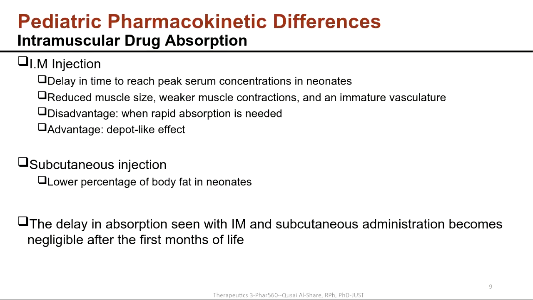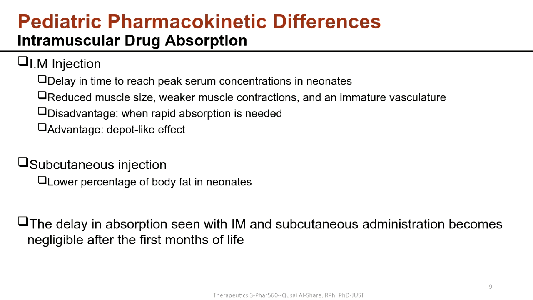For subcutaneous injection, there is also a lower percentage of body fat in neonates. Therefore, it depends again on the composition or the properties of the drug. If it's lipid soluble, then it would cross easily and get absorbed quickly with subcutaneous injection, and vice versa. The delay seen in absorption with intramuscular and subcutaneous administration becomes negligible after the first month of life.